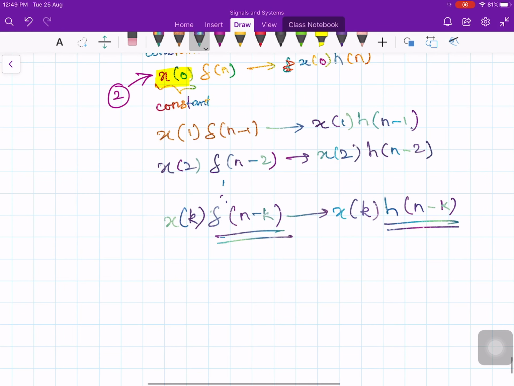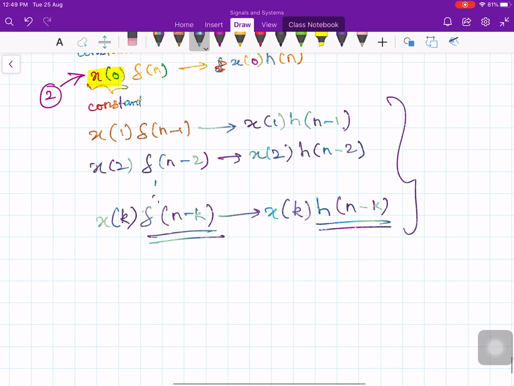Okay. So this is an example of application of the principle of homogeneity and time invariance, TIV. Okay. Now what you do, then you apply the principle of superposition.